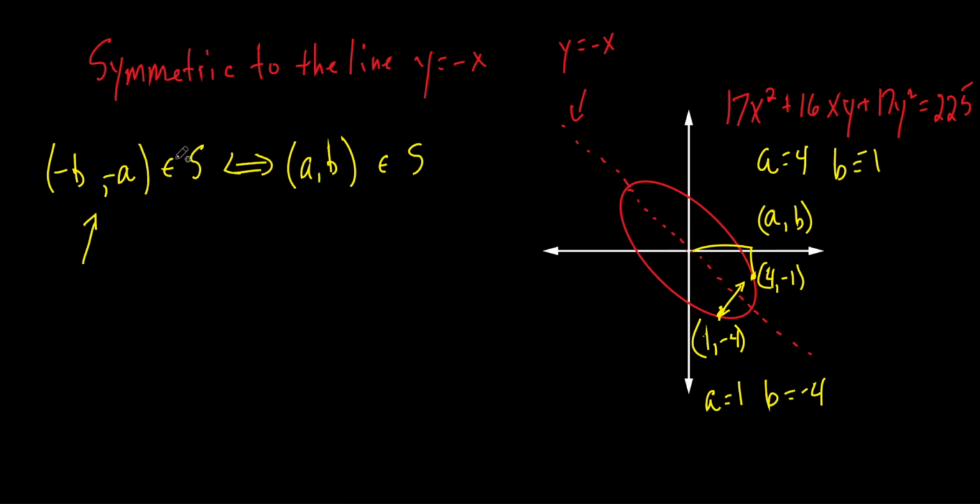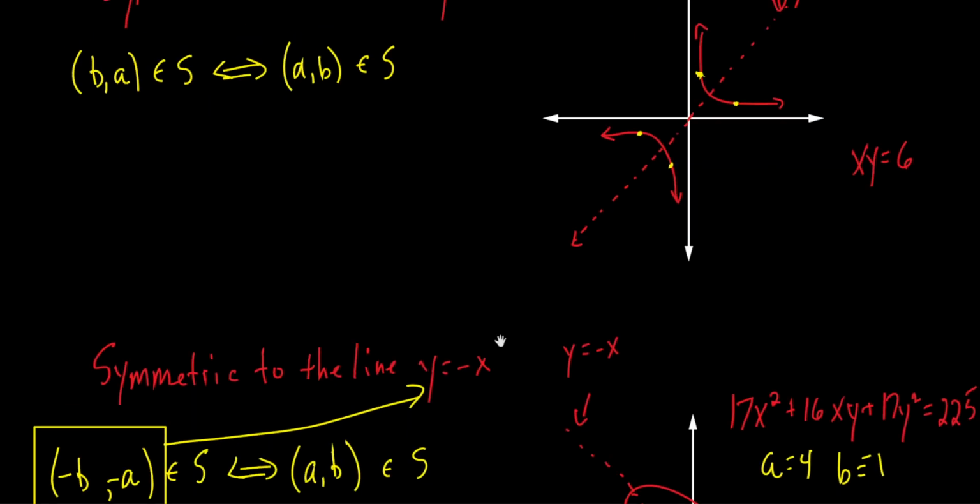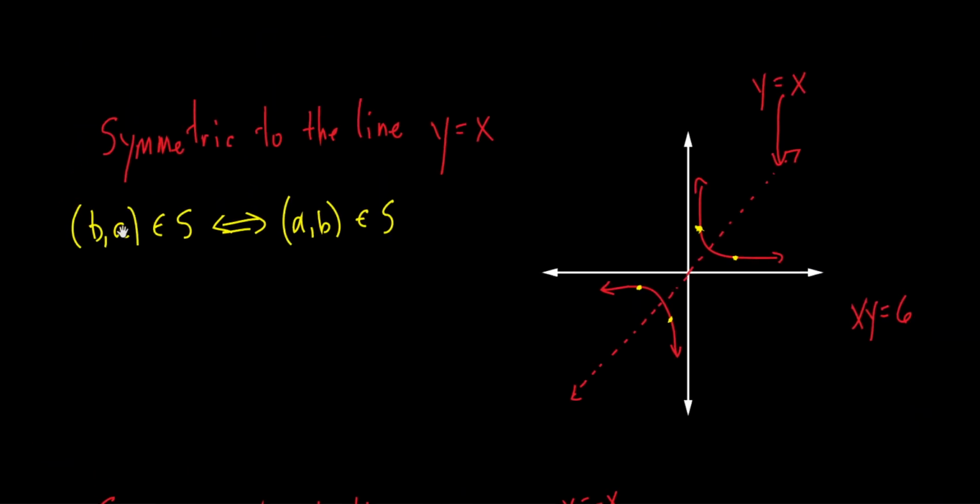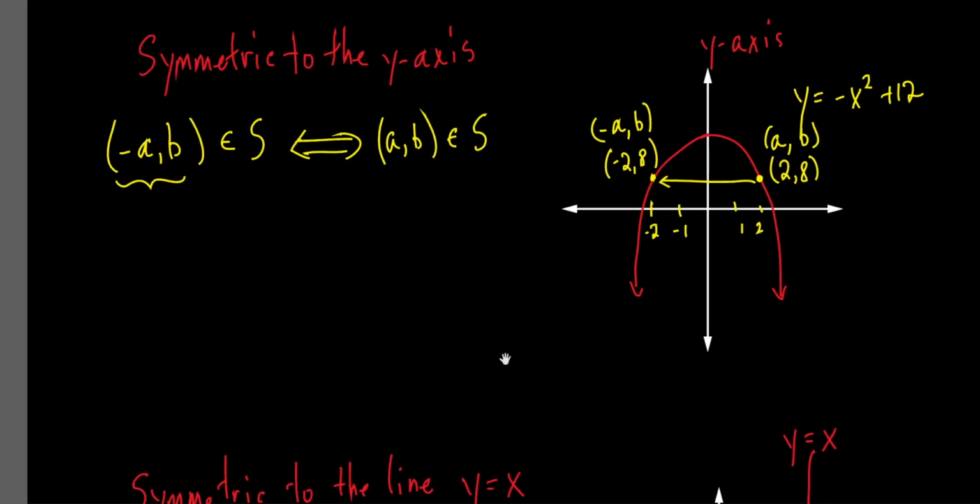All right? So what do we care about? We care that this goes with symmetric to what? Y equals -x. Agreed? The BA, when you just switch the order of the ordered pairs, then it's symmetric to the line y equals x.